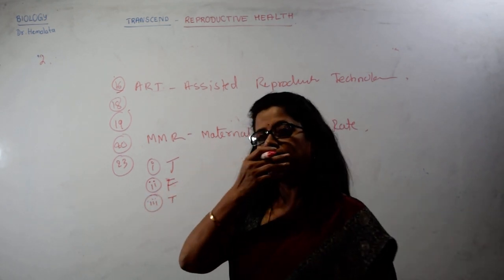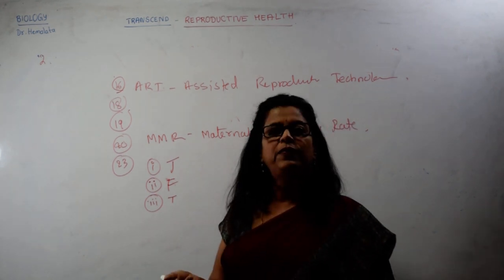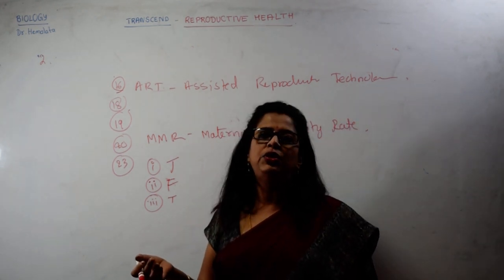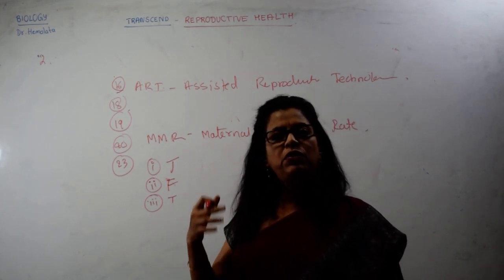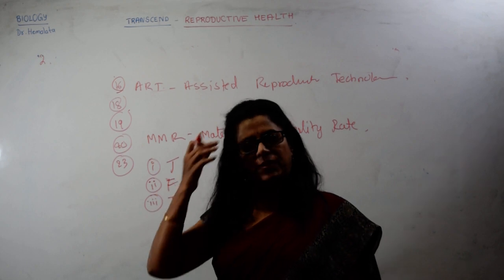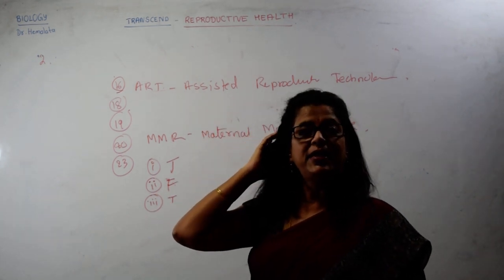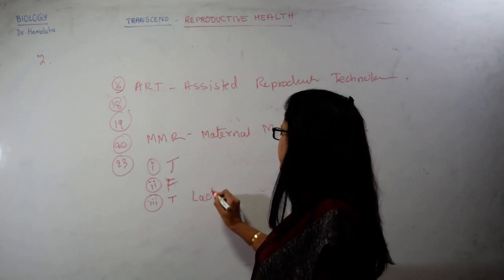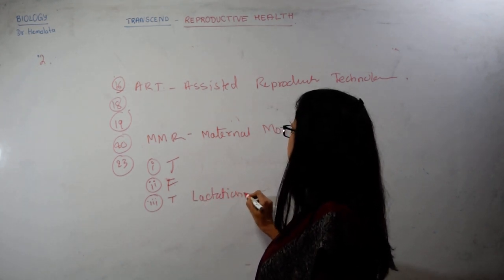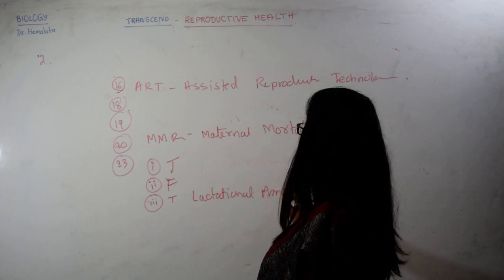It is true. When she is lactating, when she is feeding the baby, she will not have to use any other contraceptive methods because she is having natural contraception. That is called lactational amenorrhea. This we already discussed.